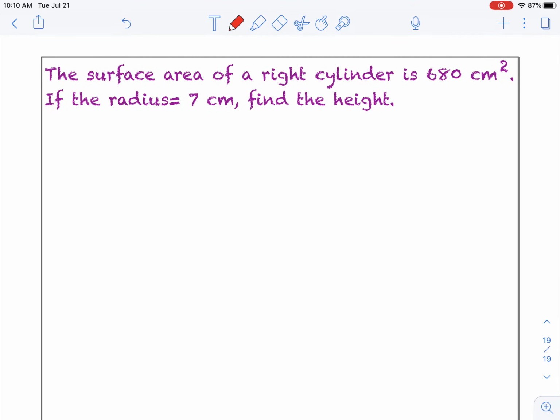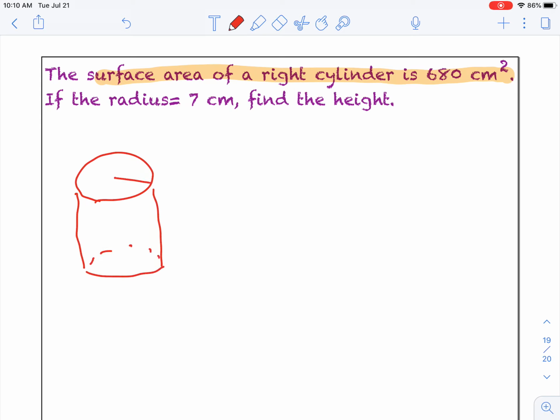And here's one working backwards. I'm going to have you try. It says the surface area of a right cylinder is 680 centimeters squared. If the radius is 7, find the height. Okay, what you might want to start with is a picture of the prism. That helps me.